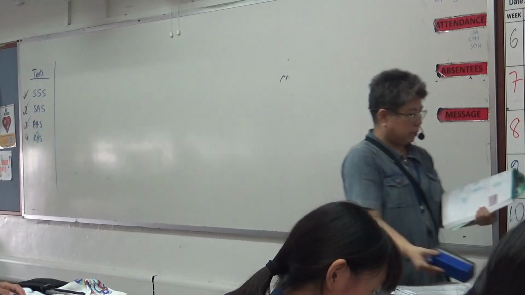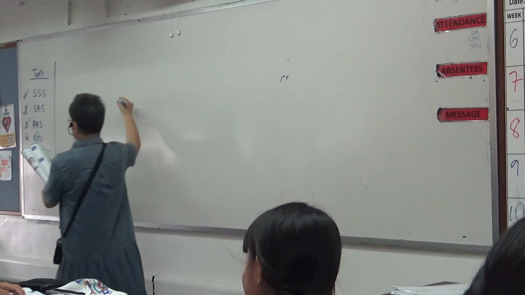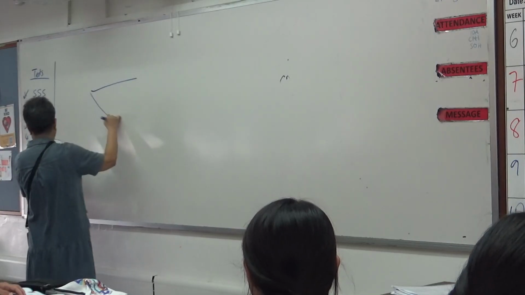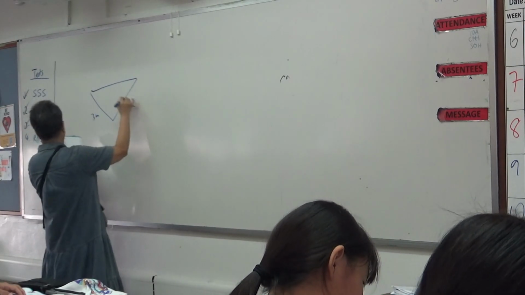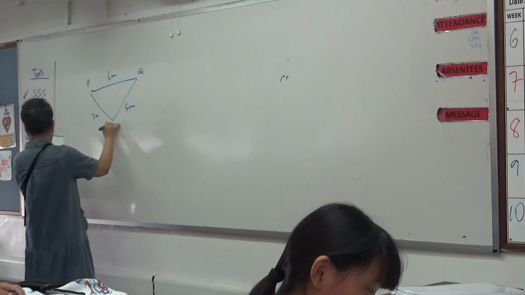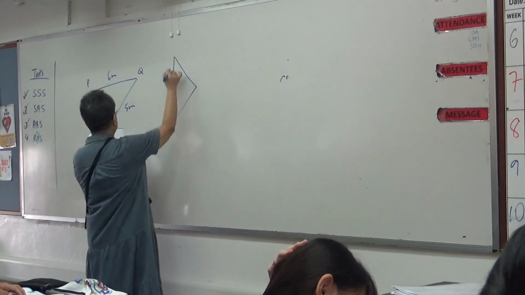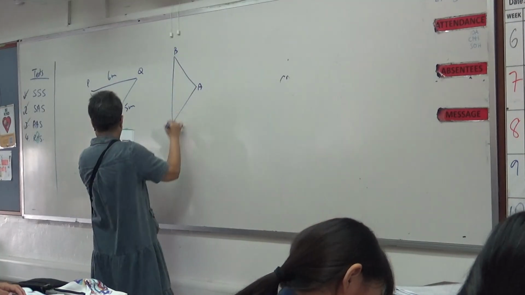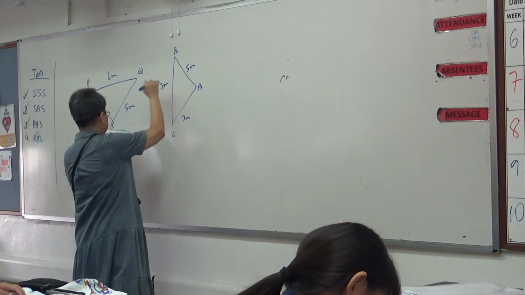Question on example 12, huh? Okay. 3 cm, 5 cm, 6 cm, PQR. BAC, 3 cm, 5 cm, 7 cm.